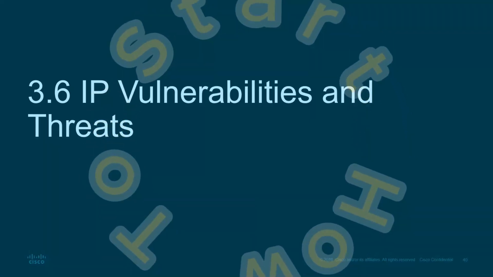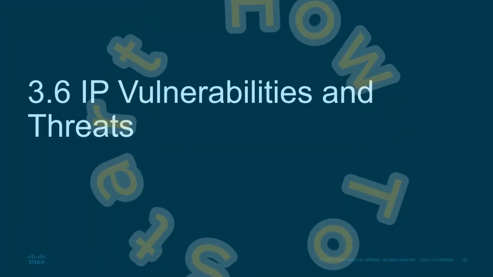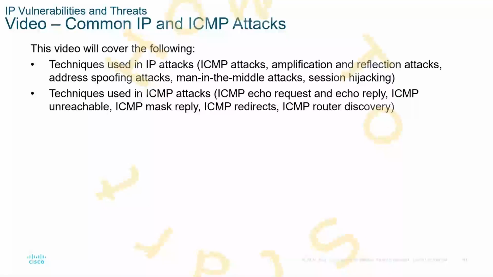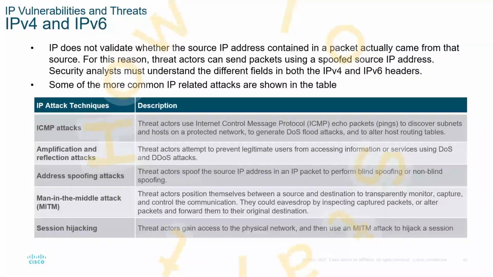Next major section is vulnerability and threats. There is a video looking at the techniques for ICMP-based attacks, amplification attacks, and reflection attacks in our course shell. So we're not going to go over those in depth. IPv4 and IPv6 based threats.